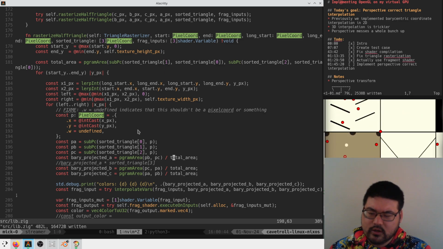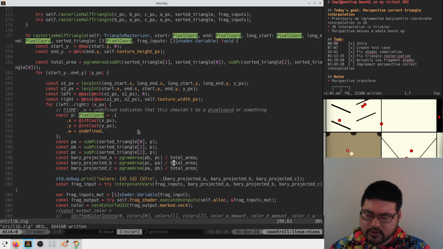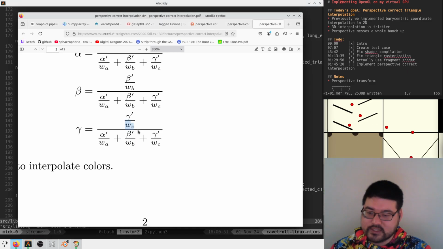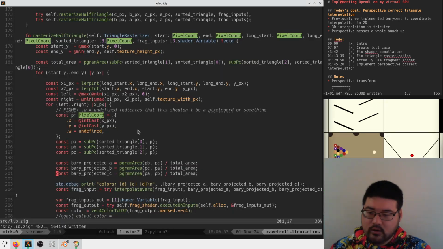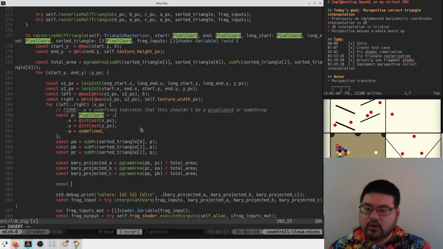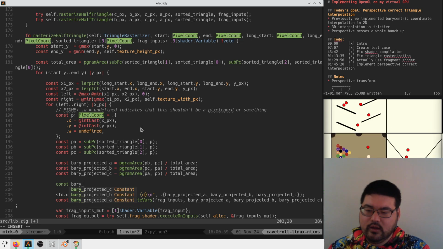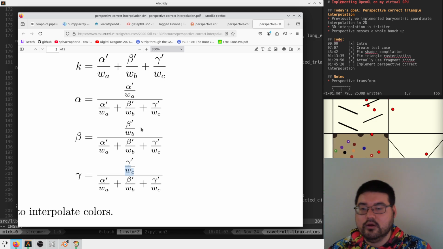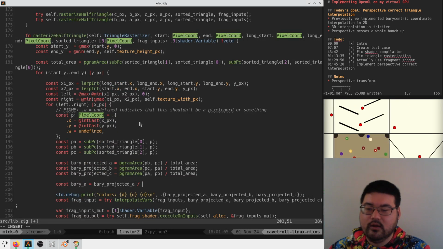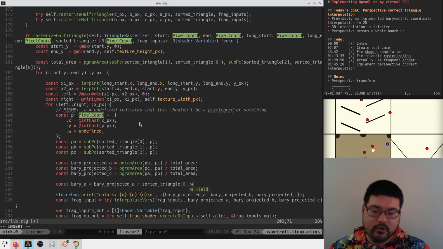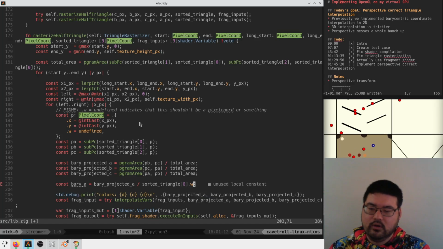So we calculate the projected barycentric coordinates, and then we just say Bary A is the projected A divided by sorted triangle 0.w. Yep.